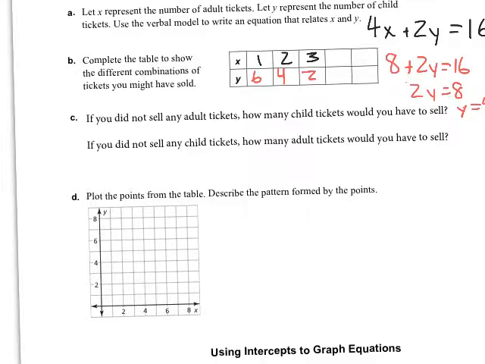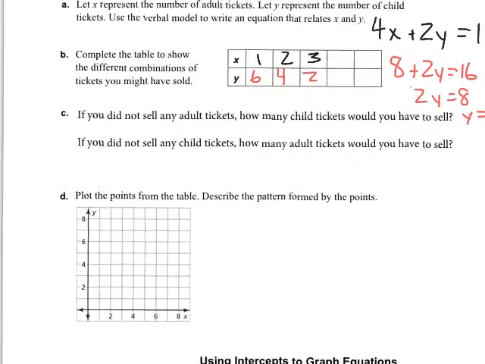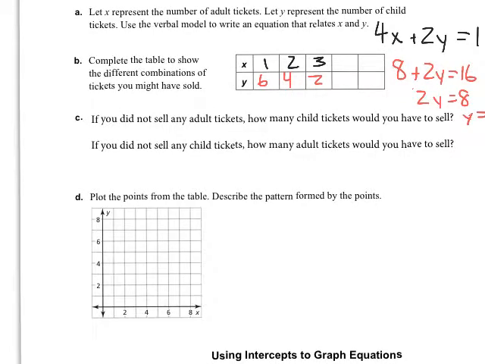If I didn't sell any adult tickets, and remember adult tickets are X, that would mean X would have to be 0. Let me bring this function down here: 4X plus 2Y equals 16.